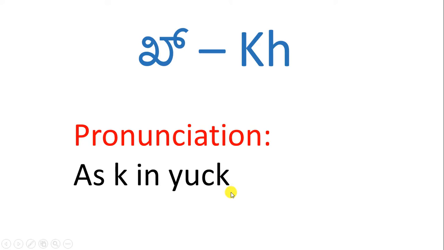Something like kh. When it is with yu, it is easy to pronounce yak. But if you are asked to pronounce only ck, it is difficult to pronounce. It is something like kh. It does end abruptly.